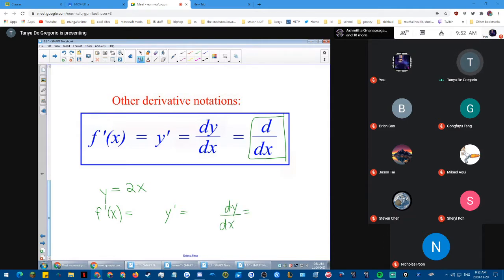But here, if I'm using this notation, I must now write the function. It's not there, there's no y. Do you see that? So this is the derivative of your function with respect to x. This is the derivative of y with respect to x. That's it. Are there any questions?